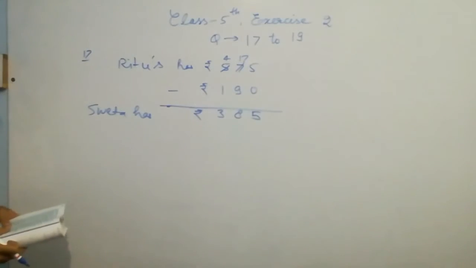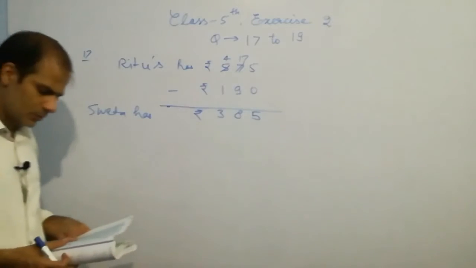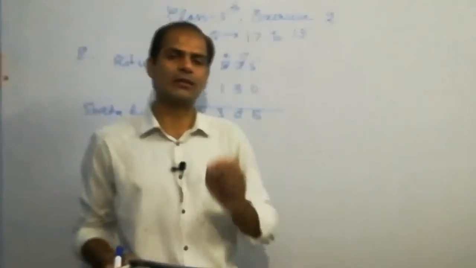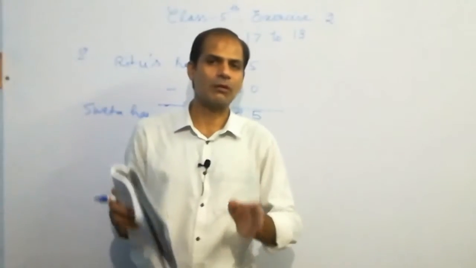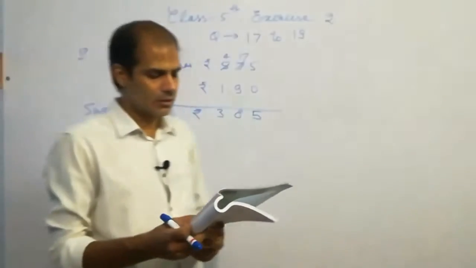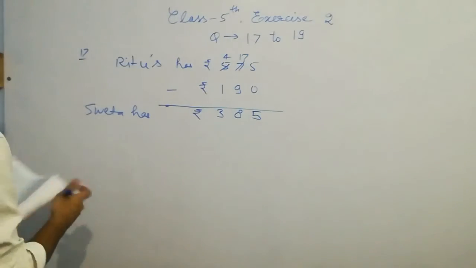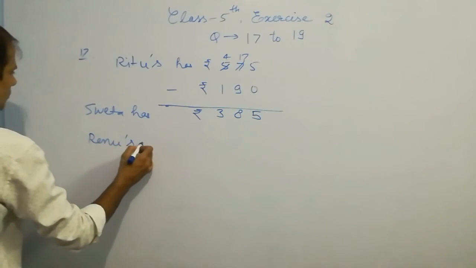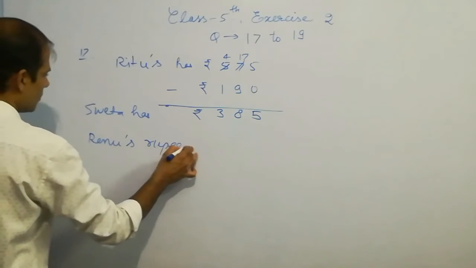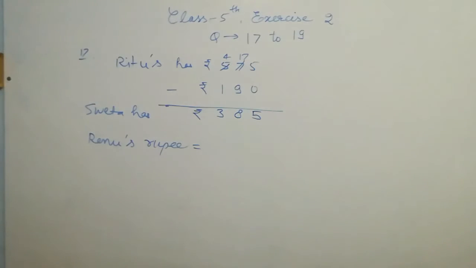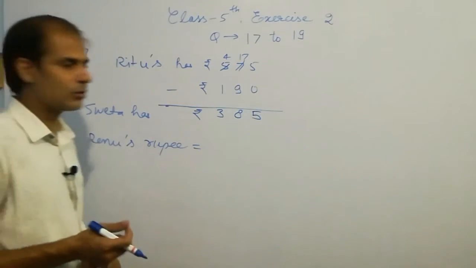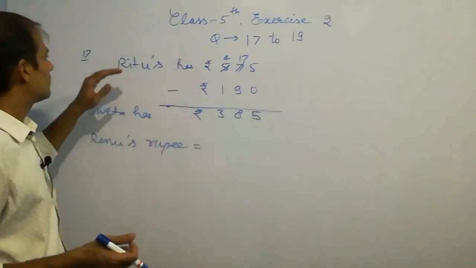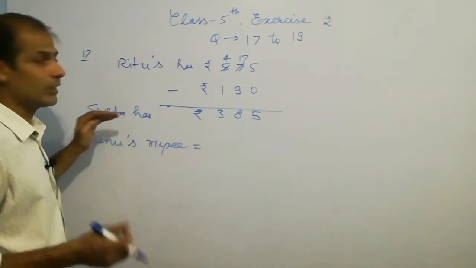Okay, and if the rupee of the two is put together means perform the addition, then it equals to Renu's rupee. It means Renu's rupee equals, now you have to add both the values. Which values? Ritu's amount and Shweta's amount.